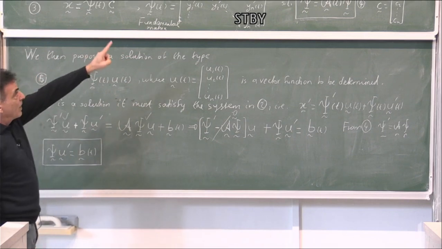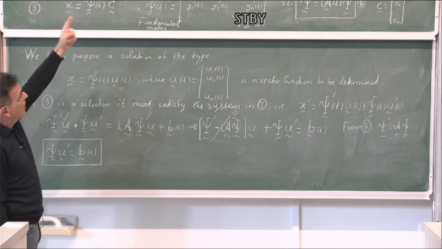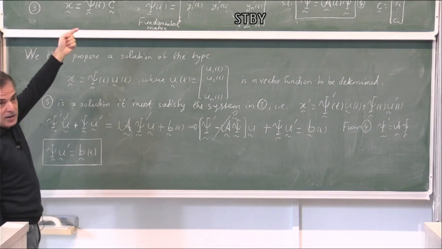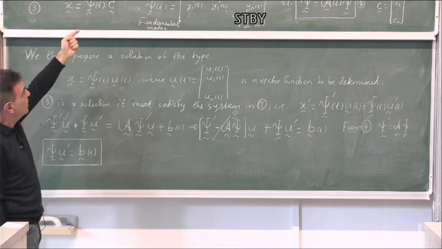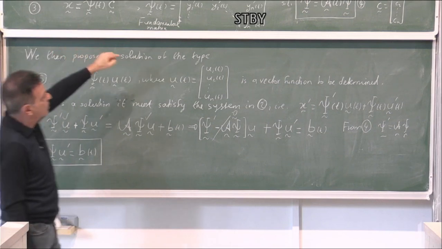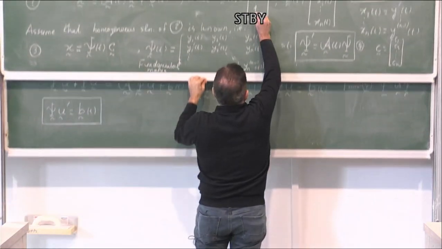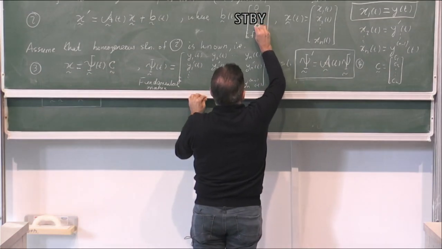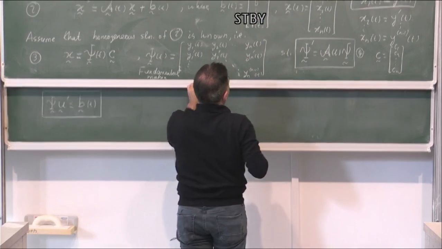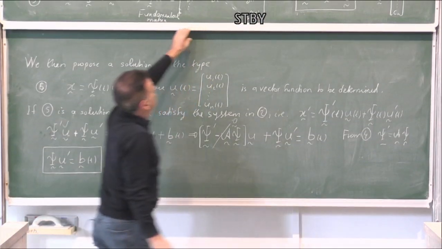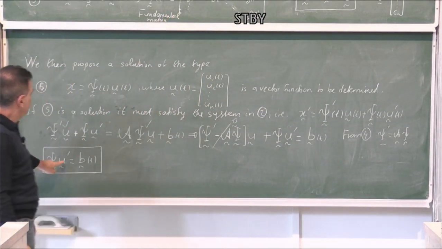When it characterizes an nth order linear differential equation, components are all 0 except the last one, which is f of t. Good?